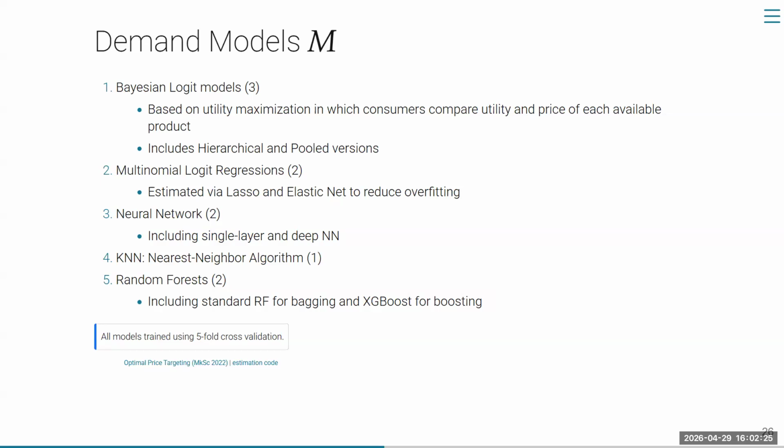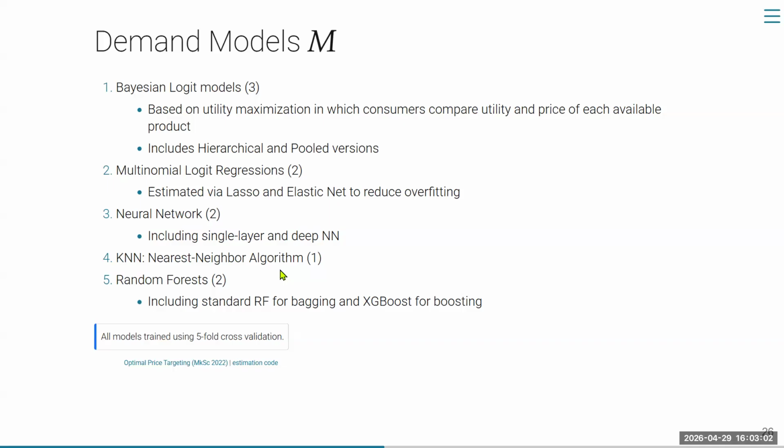Now, in the demand models that we're going to consider, there's going to be a couple based on the hierarchical Bayesian logit, which I mentioned before, that assumes a distribution and then enables individual demand parameters drawn from that distribution. We're also going to include the multinomial logit, estimated two different ways, using lasso and elastic net. We're going to use a couple of purely machine learning frameworks, including a single layer neural network and a deep neural network.